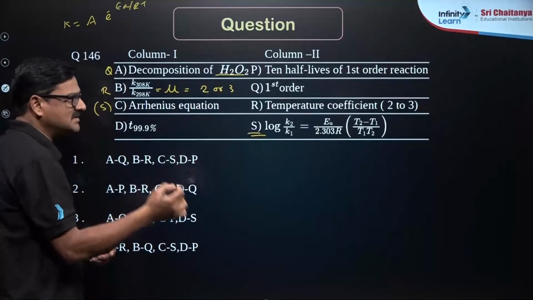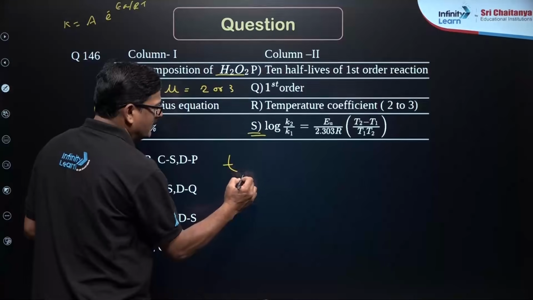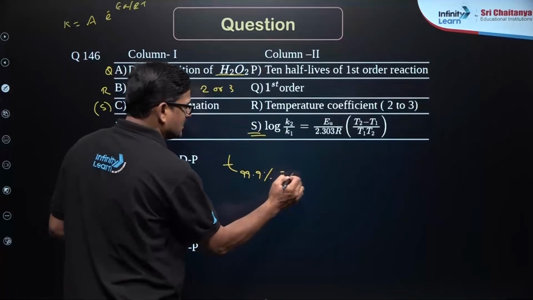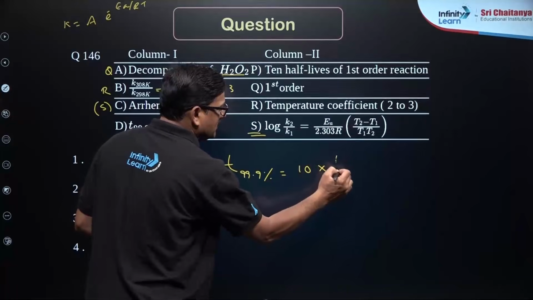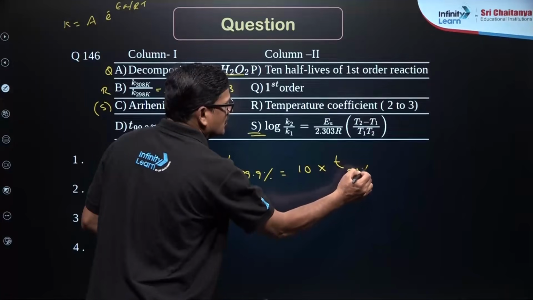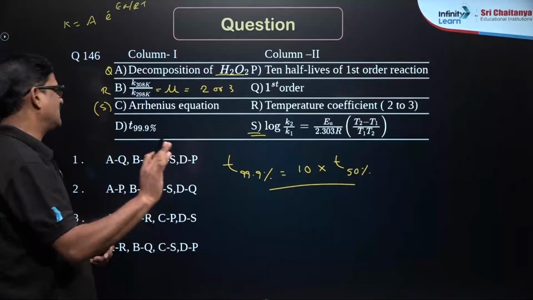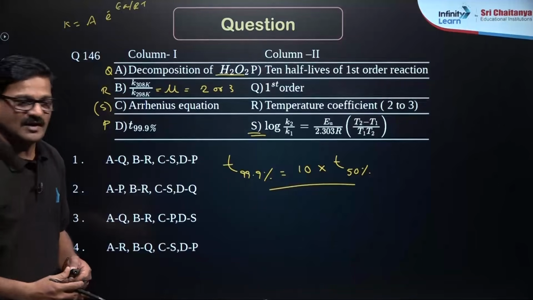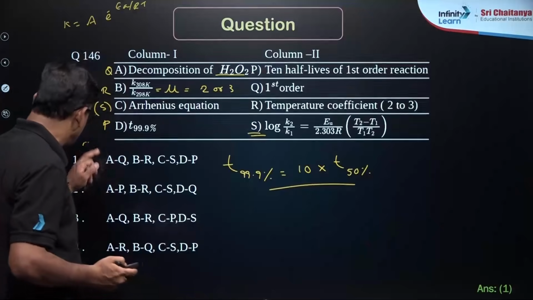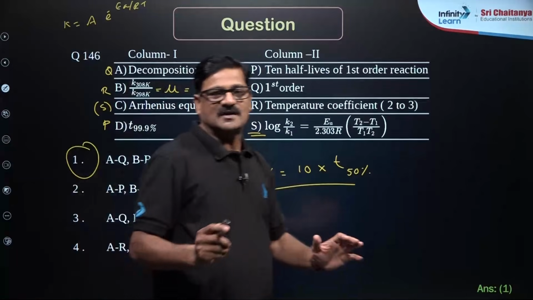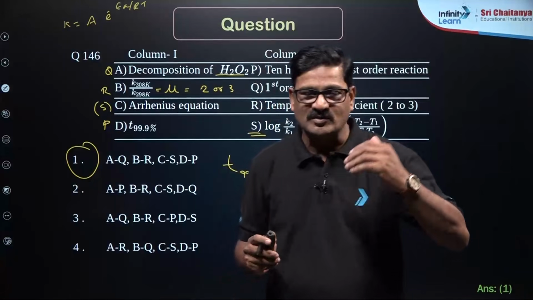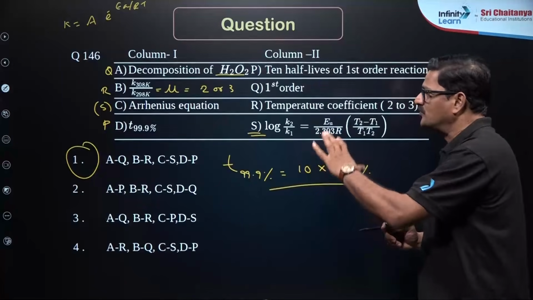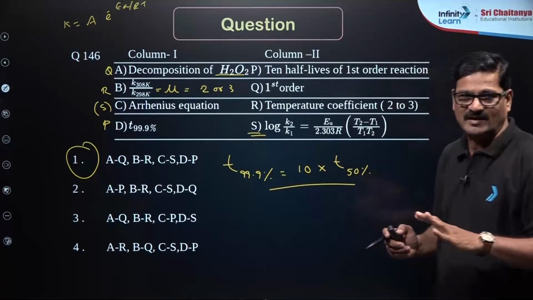And the time required for 99.9% of a reaction is going to be 10 times the half life. So this is for first order reactions. Based on that, we can say option 1 is the correct answer. So while solving the NEET examination paper, you need to maintain that pace and you should have that confidence to find what exactly the concept behind that is.